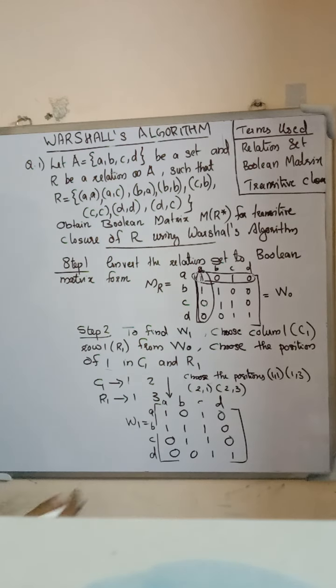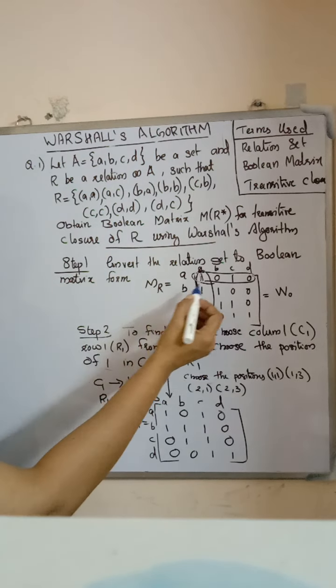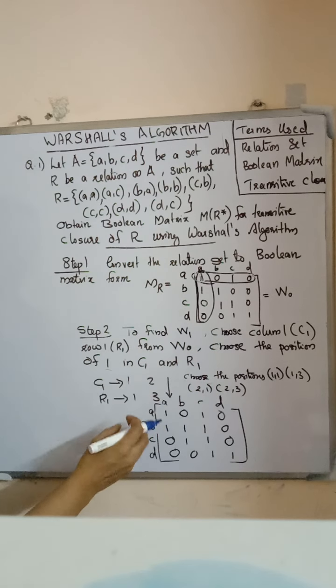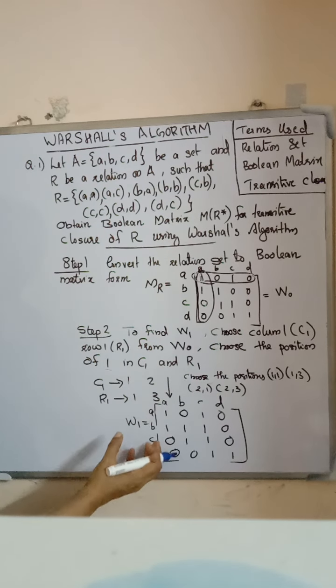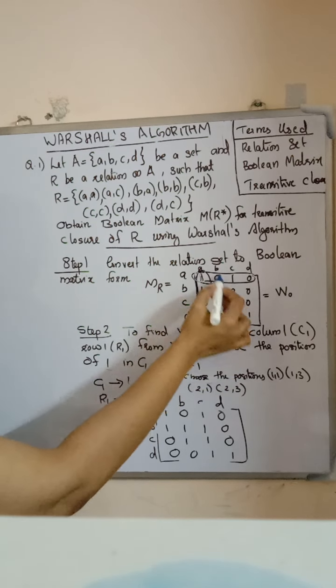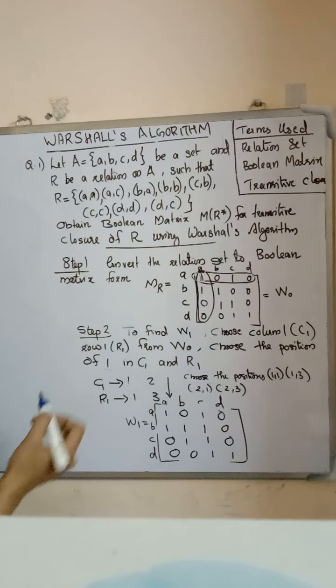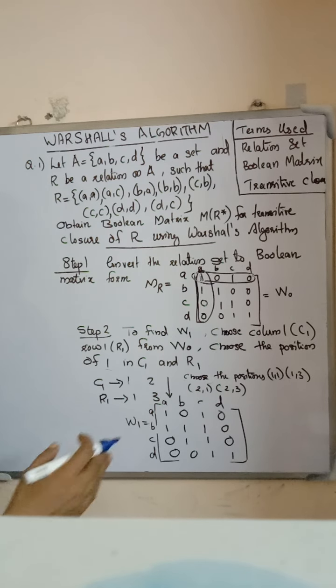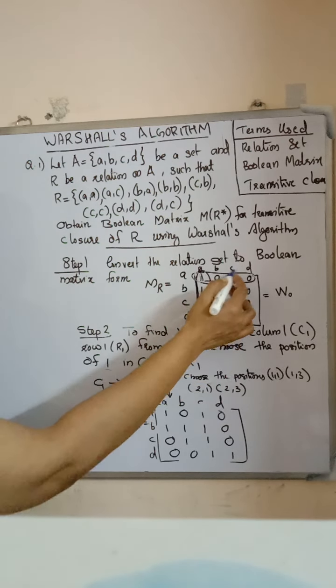Now we get W1. Similarly, we continue to obtain W2 by choosing the second column and the second row. Then we move to find W3.